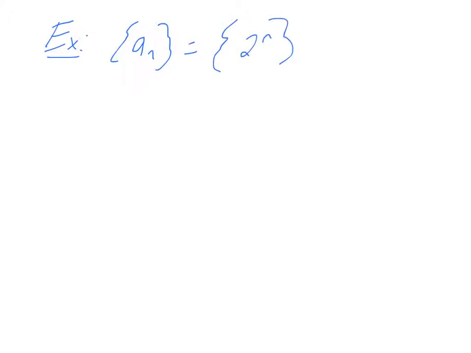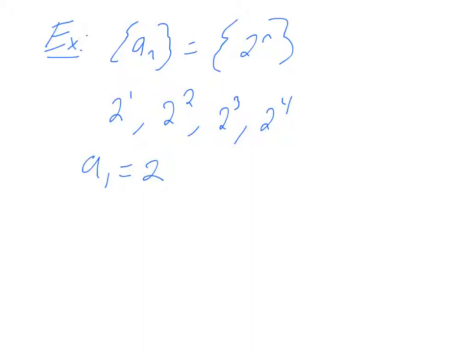So the first one is going to be 2 to the 1, right? And then the next one's going to be 2 to the 2, the next one's going to be 2 to the 3, the next one's going to be 2 to the 4, and so forth, right? And so my a sub 1 is equal to 2, right? And every subsequent one is just some higher power of 2.